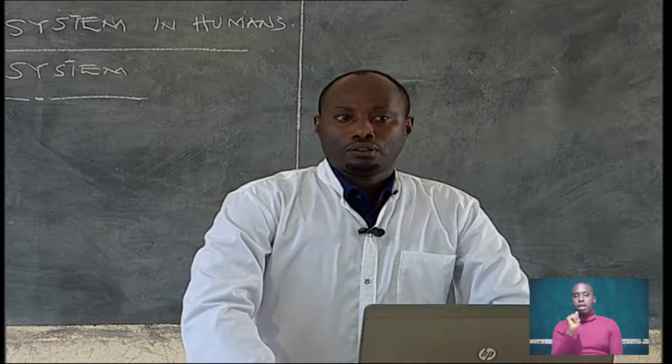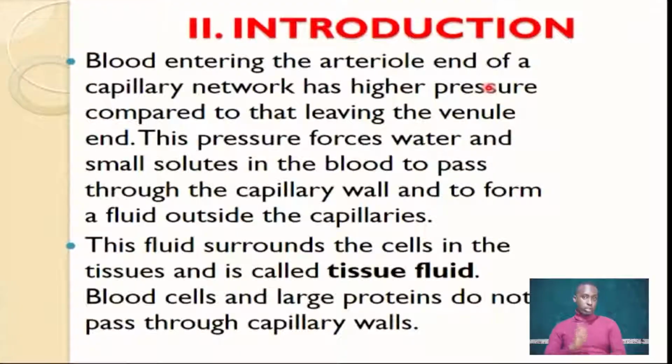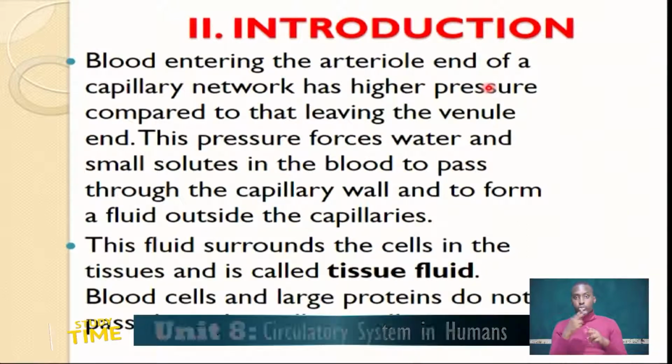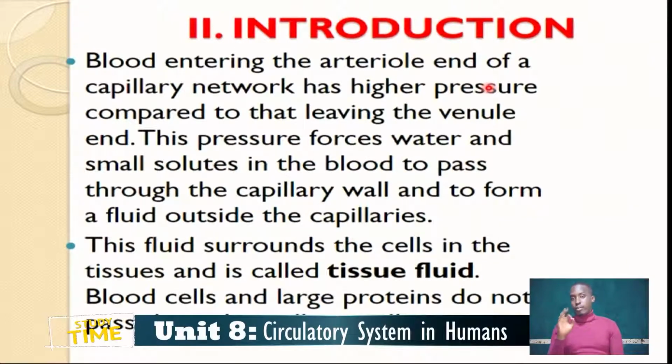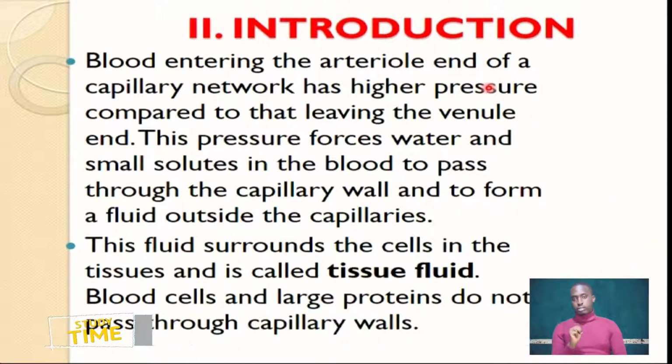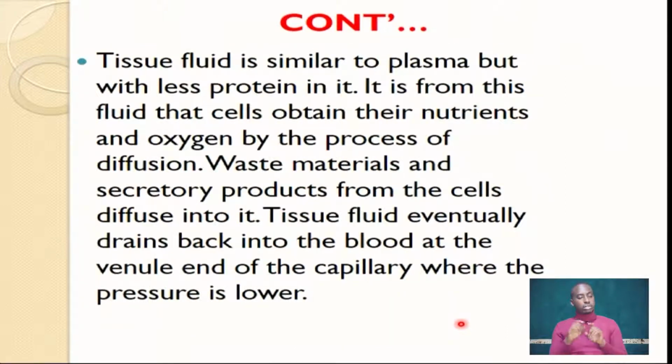The fluid that surrounds the cells in the tissue is called tissue fluid. Its functions, as I mentioned, are nourishment and bathing the cells. Blood cells and large proteins do not pass through the capillary wall, so they are retained there.